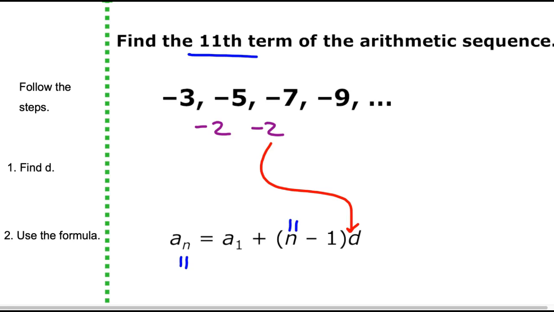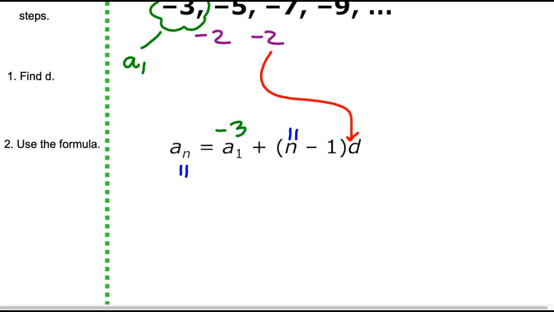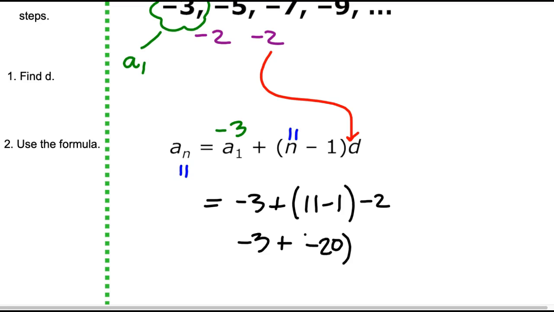And then a sub 1 is the first term in the sequence. That's a sub 1, so that has to be right here as a -3. So if I evaluate that formula with those values substituted in, I would have -3 plus 11 minus 1 constant differences, which is -2's. So I start at -3 and I add 10 -2's, which is how much? -20, right?